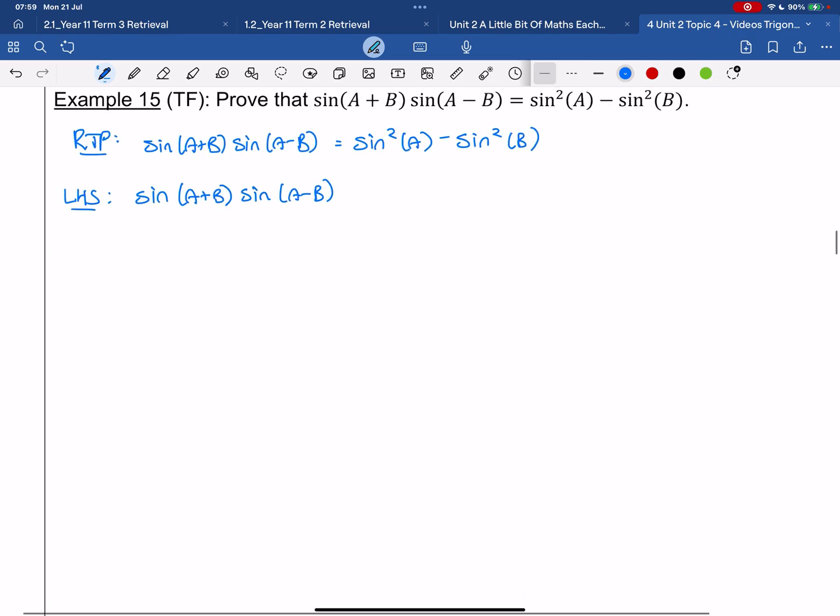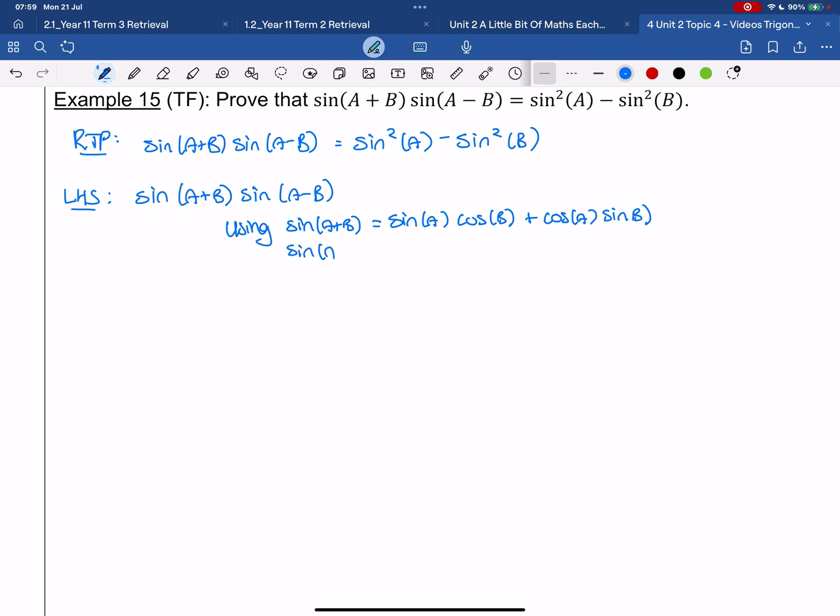So I'm going to say, using sine of a plus b is equal to sine of a cos of b plus cos of a sine of b, and the other one, sine of a minus b, is going to be sine of a cos of b minus cos of a sine of b.